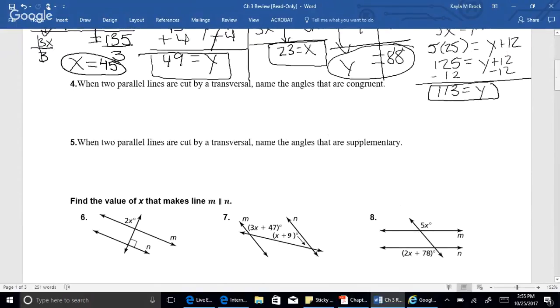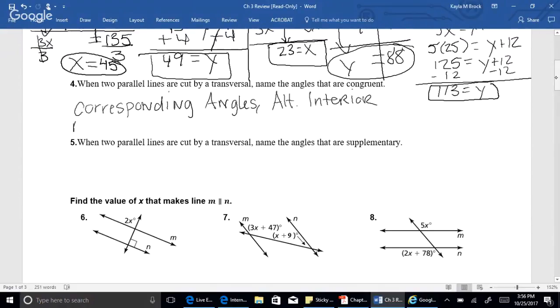The angles that are congruent are corresponding angles, alternate interior angles, alternate exterior angles, and vertical angles.